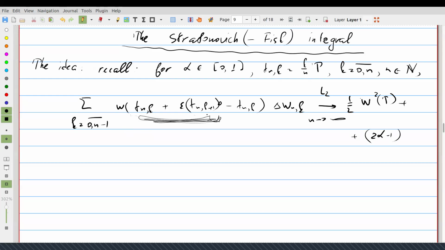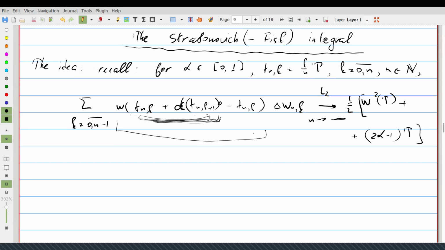And this is going to converge, even in L2, to 1/2 W squared_T plus (2 alpha minus 1) times the quadratic variation. So if alpha equals 0, we just recover the original Ito integral. If alpha is equal to 1, we will recover the so-called backward Ito integral.